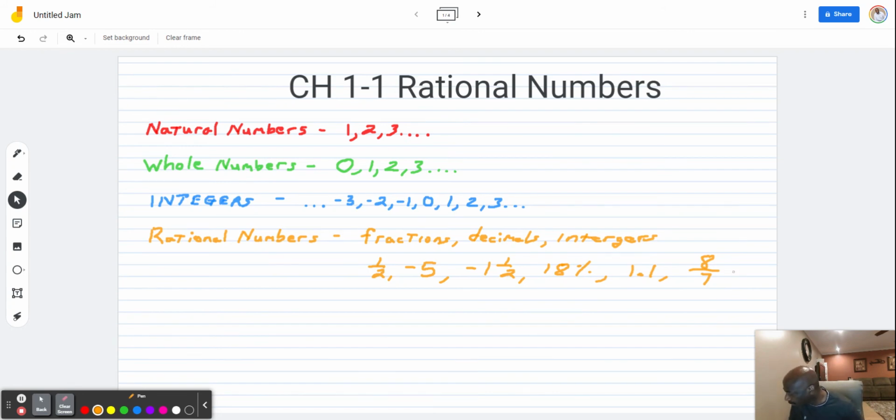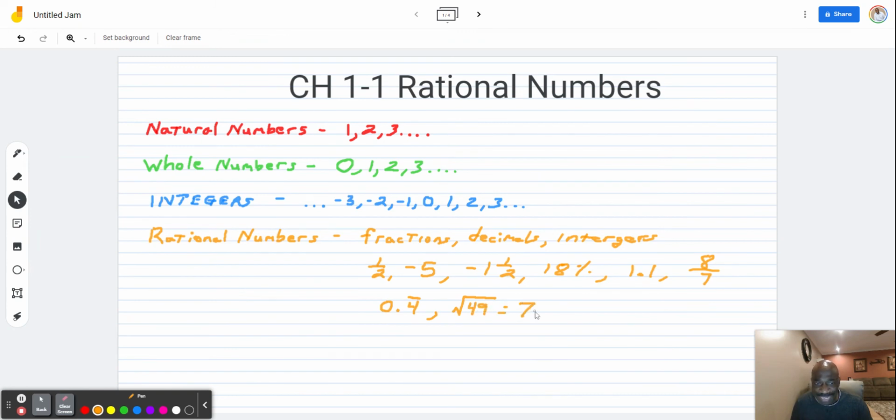Oh, another one I want to give you that people leave out with rational numbers. It also includes numbers that repeat. I have a line that goes on top. If it repeats, it's rational. Got it? If it never ends, but it repeats, it's rational. Also, another rational number would be a square root that is a perfect square, like the square root of 49.